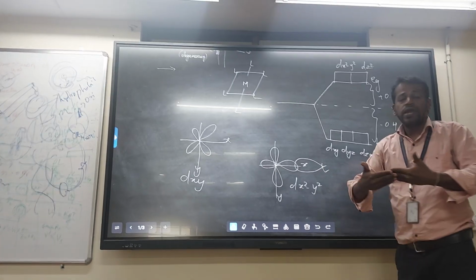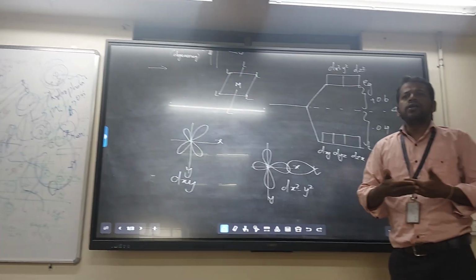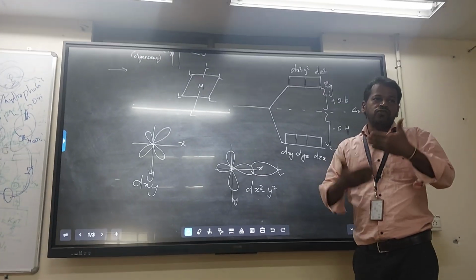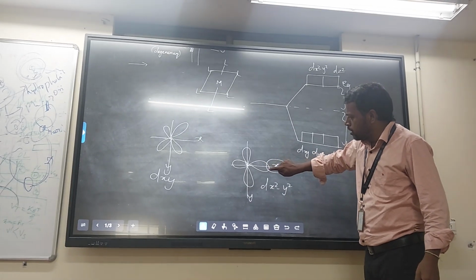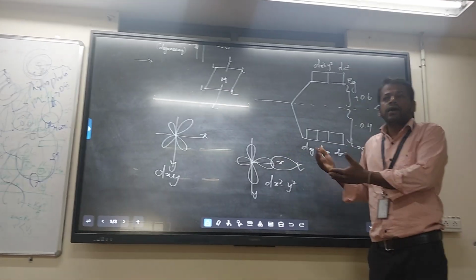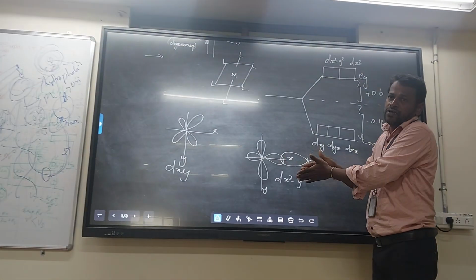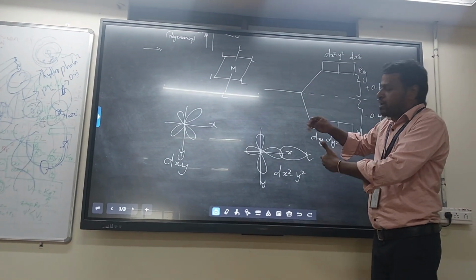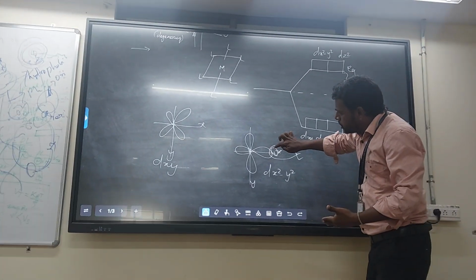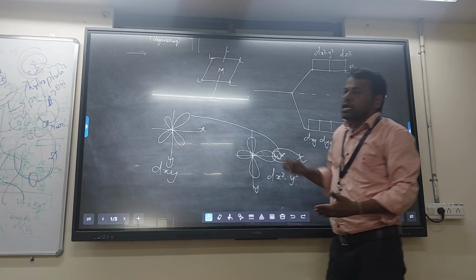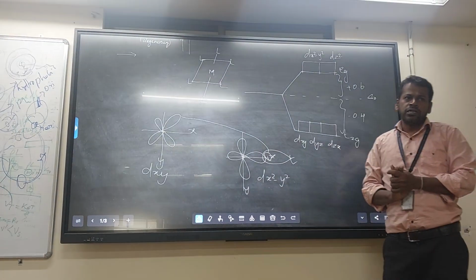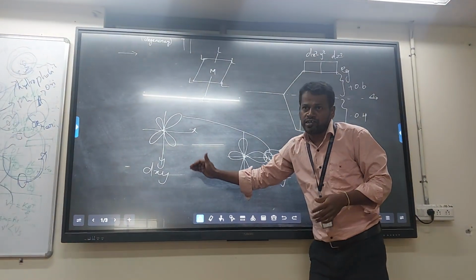So head-on overlap is a repulsion force, because here also electrons, here also electrons. So the electrons are shared in between the orbitals of the metal. That's why this is lower energy.